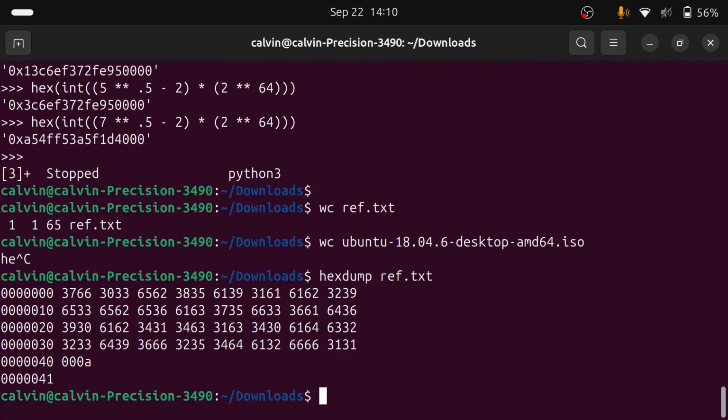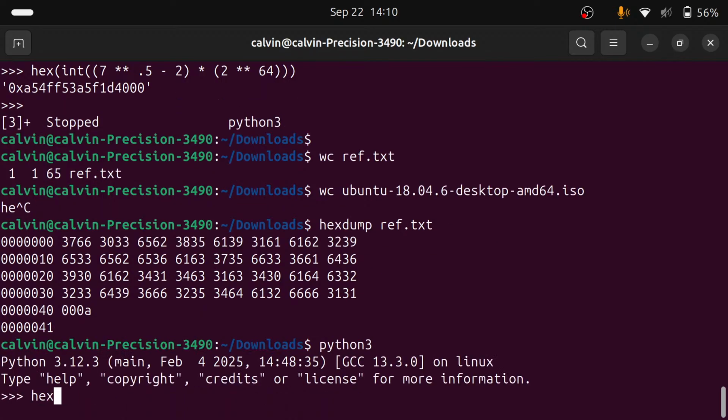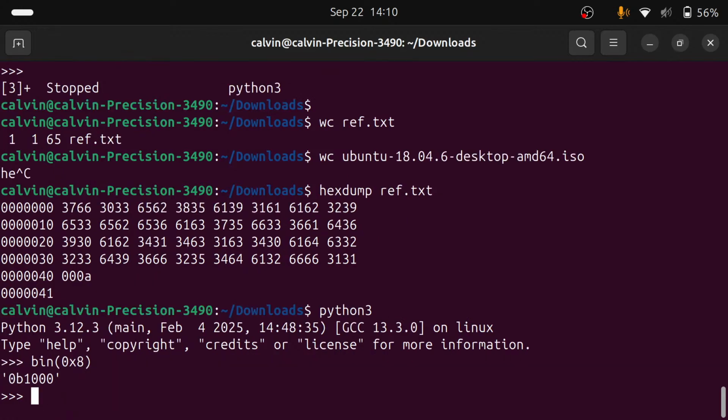I'm not going to use Python to figure out what the hex representation of 1000 is. It's just 8, right? Okay, fine. Yes, I was correct.